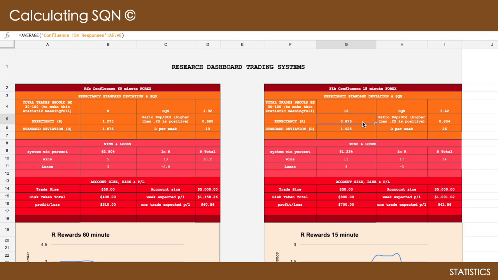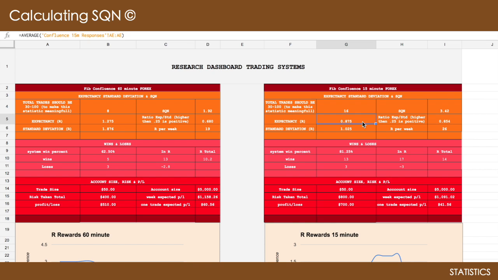And the R multiple is nothing else than the risk-reward ratio of your trade. So let's say you have a risk of $100 and you win $300. Your risk-reward ratio is 1 to 3, and that means that your R multiple is 3.